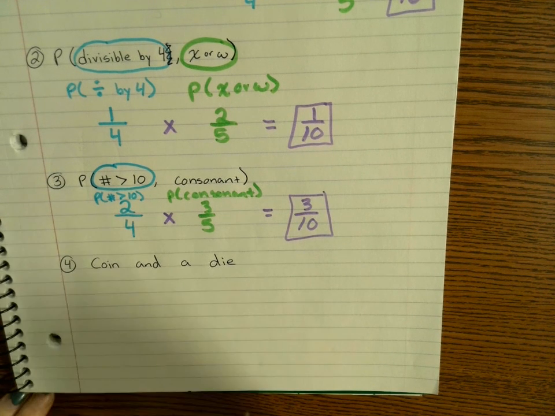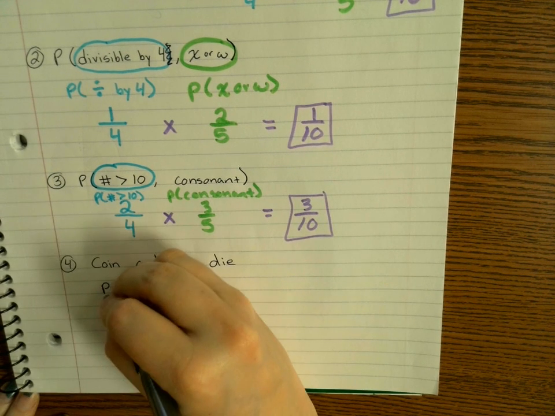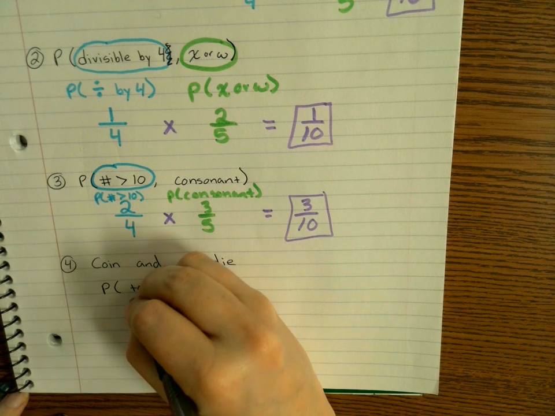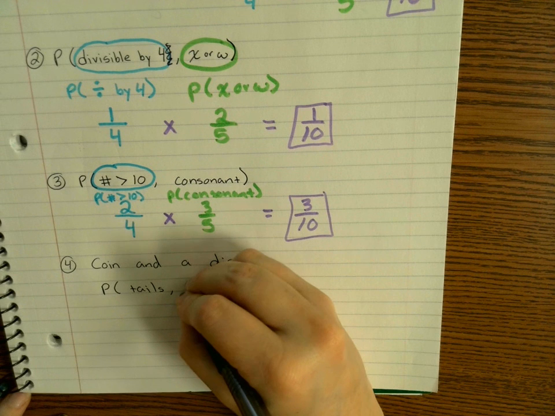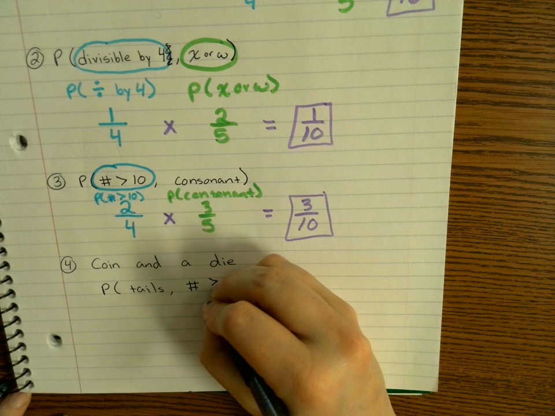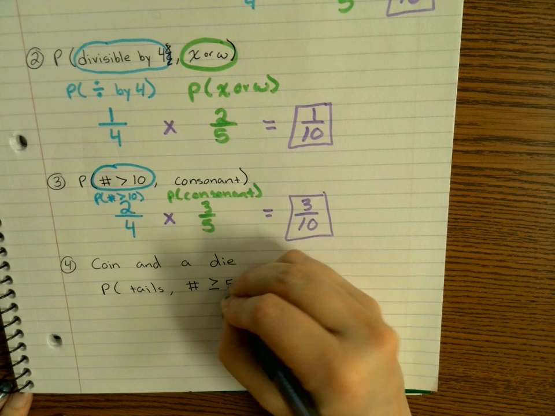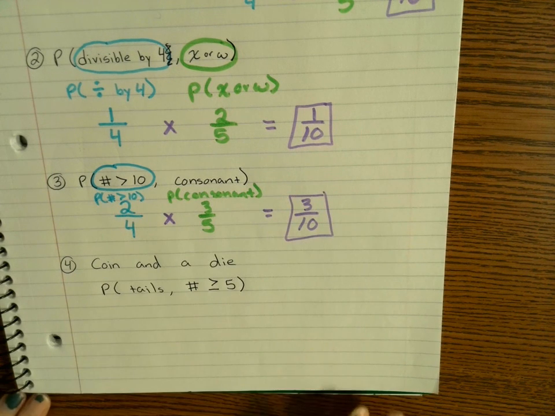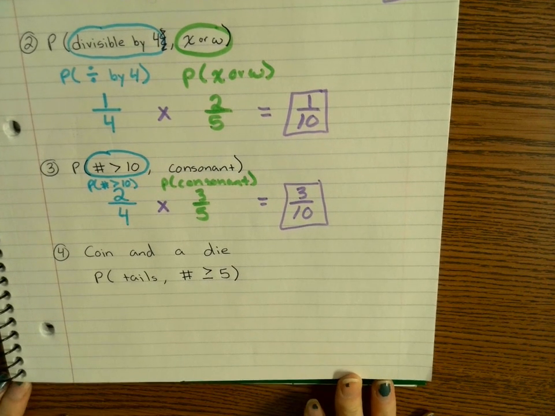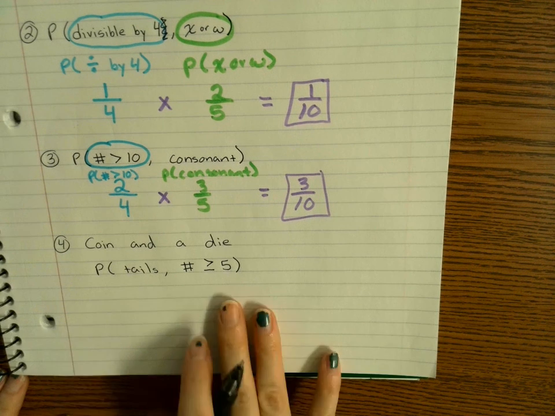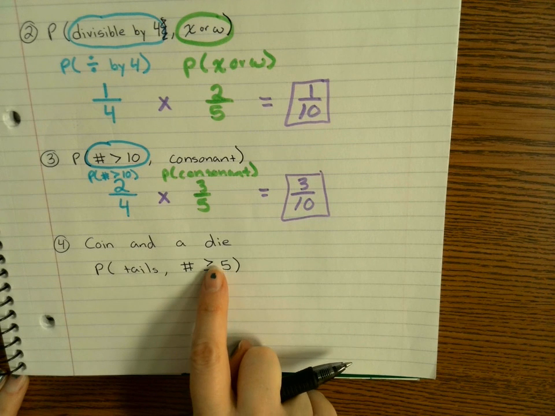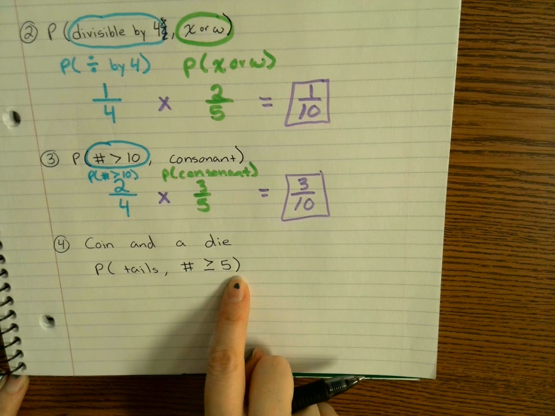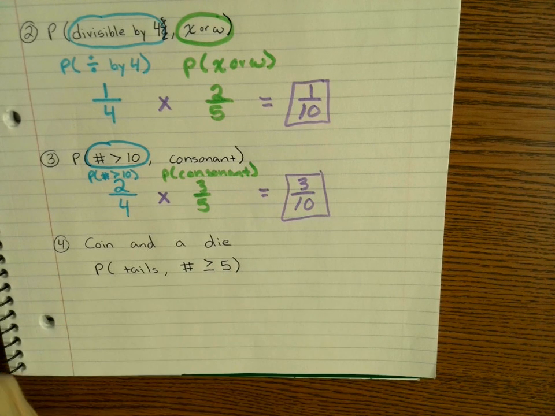So I want the probability that the coin is going to land on tails and that the die is going to land on a number that is greater than or equal to 5. Go ahead and find the probability of landing on tails for a coin and rolling a number that is greater than or equal to 5 for a die.